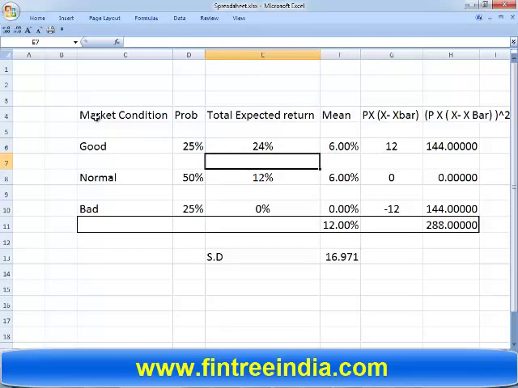So it should be 24 minus 12, so this becomes 12. 12 minus 12 becomes 0. And 0 minus 12 becomes minus 12. And then you get the value as 16.971.